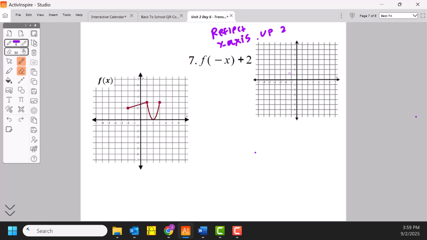So we have positive 2 up 2. And then we're going to move it up 2, so it'll be up to 4. This will go up to here, and then here, and then there. So this is the graph you should end up with. All right, so we reflect it over the y-axis and then shift every point up 2.